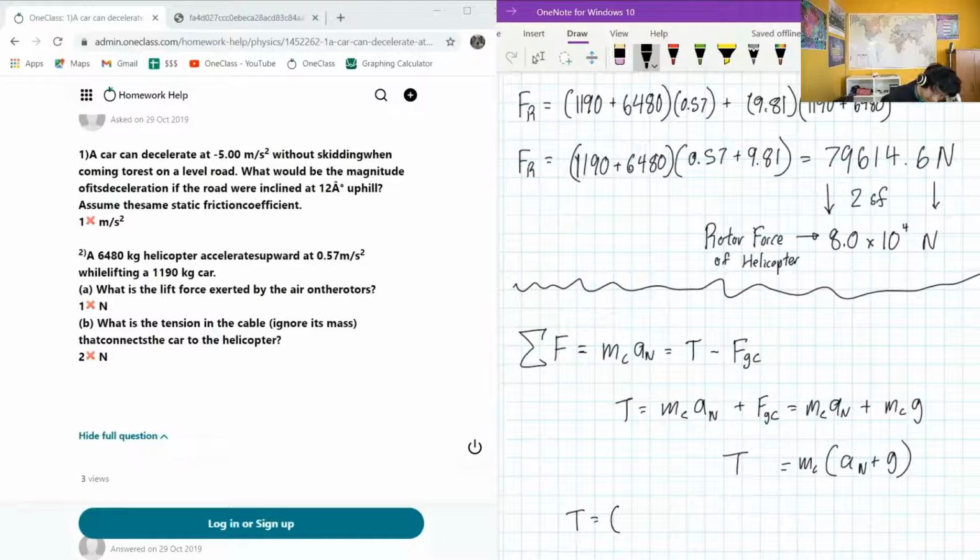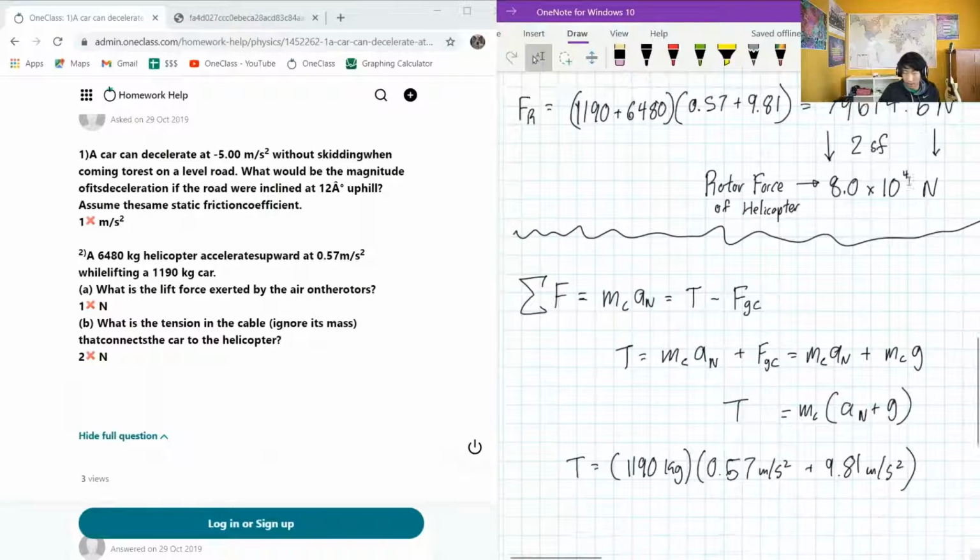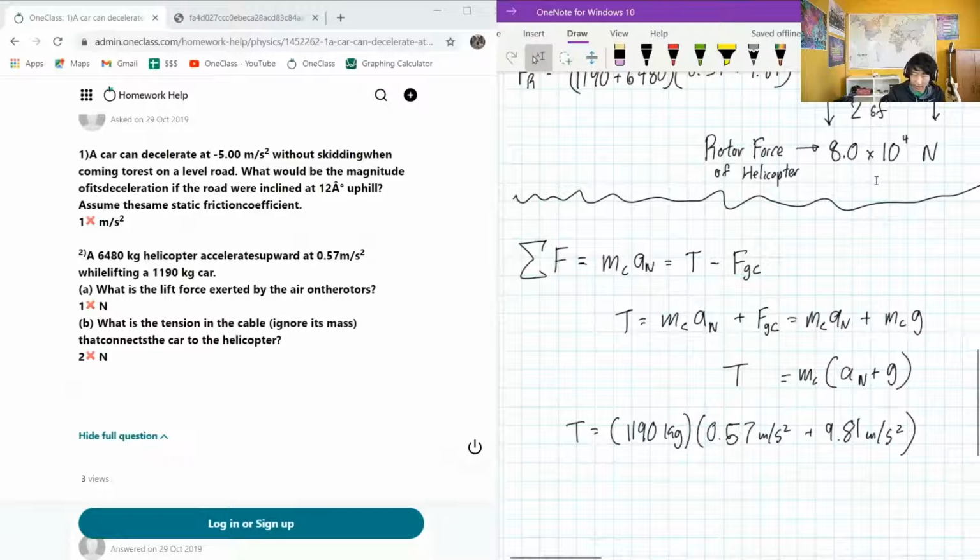So the mass of the car, that is 1190 kilograms, times 0.57 meters per second squared, plus gravity 9.81 meters per second squared. Okay, let's calculate that, and we can find the tension in the cable.